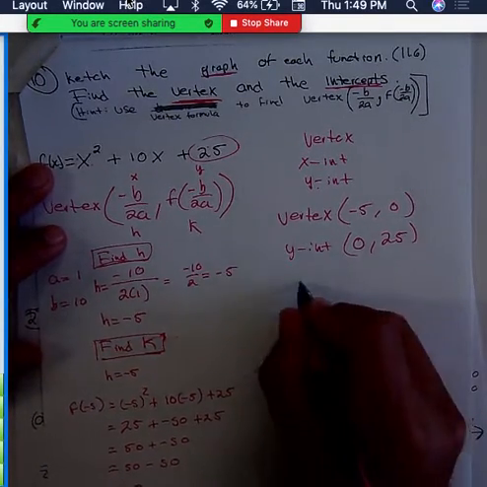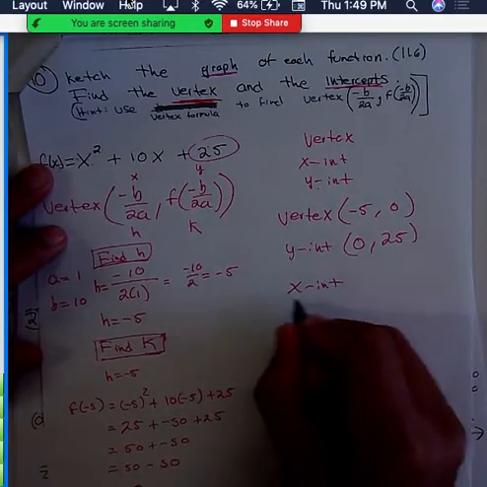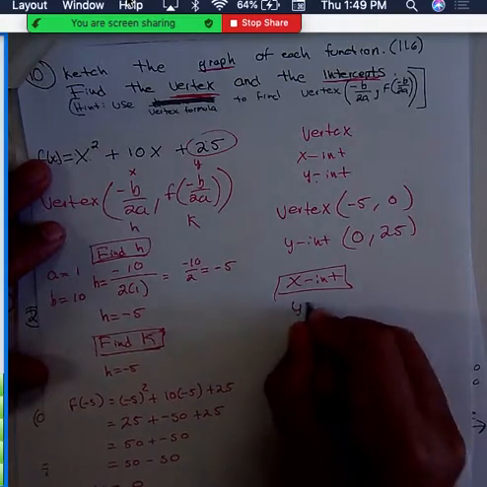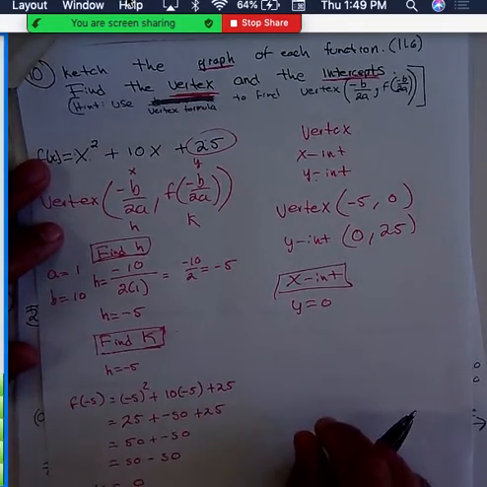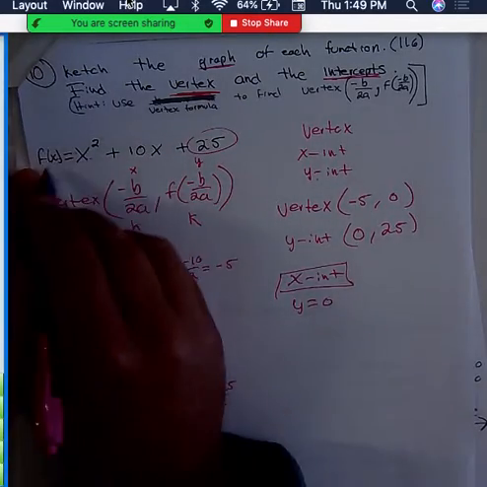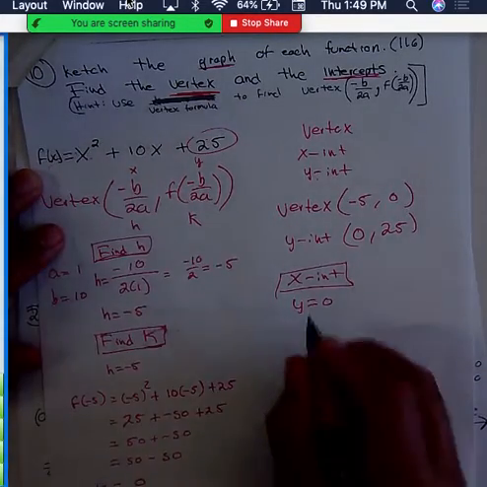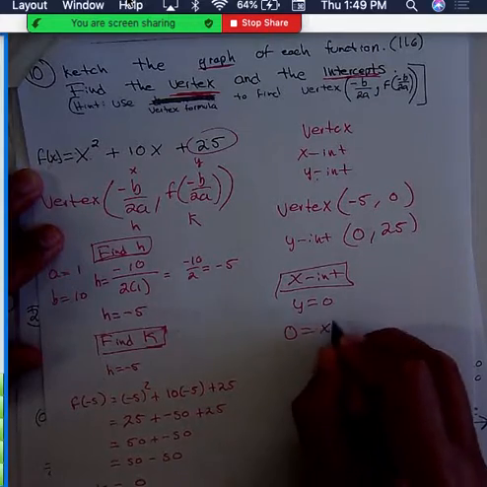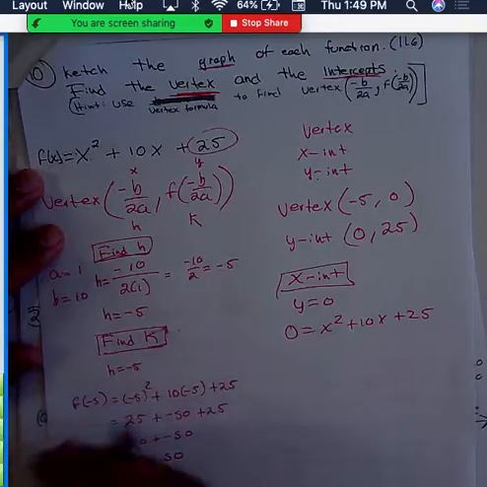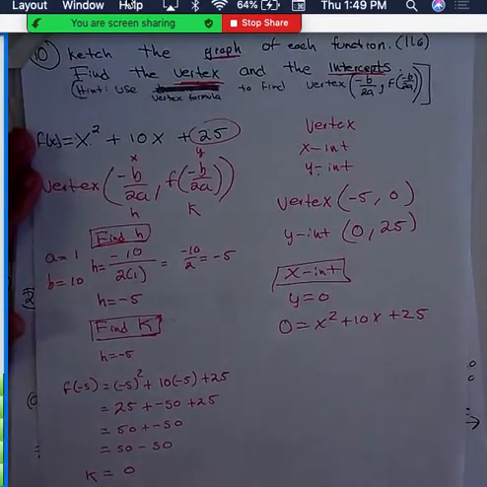Now, we need to find the x-intercepts. So when you're trying to find the x-intercept, y would be equal to 0, the opposite. So you're going to look here in this equation, what's the y? The f of x is the y. So you're going to make that a 0, and then you have this. This is what we've been doing all these weeks.